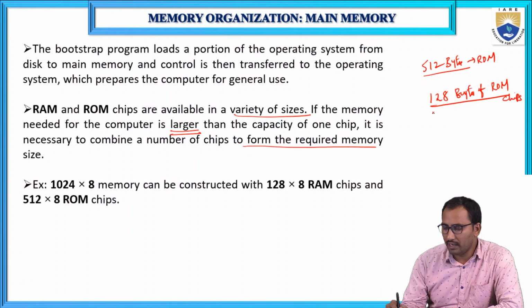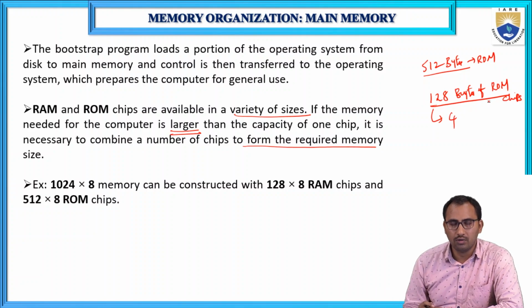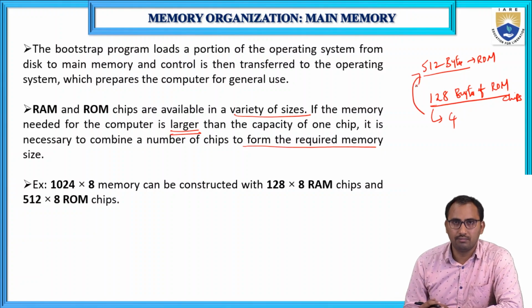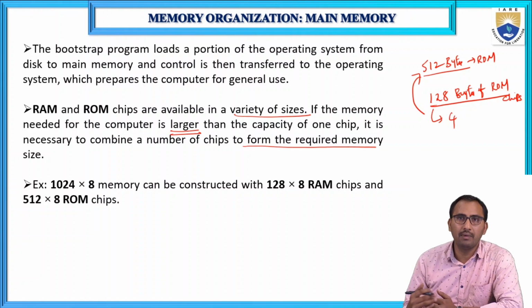See here, I can use 128 bytes ROM chips. If I combine 4 chips, then that is equal to 512 bytes of ROM. In this way, we can combine one or more memory chips in order to form the required memory size.